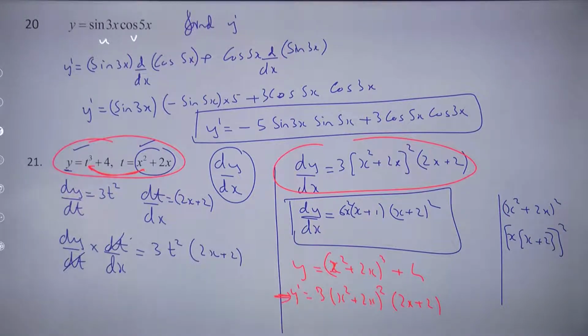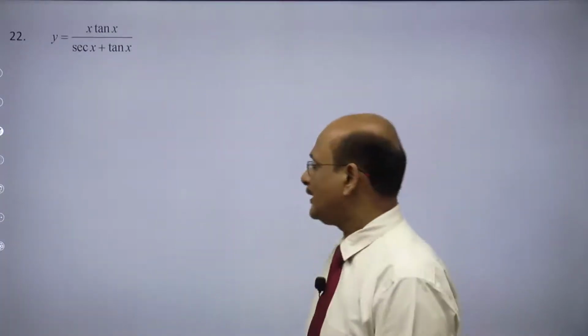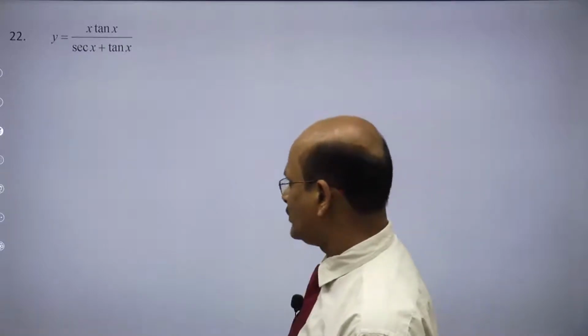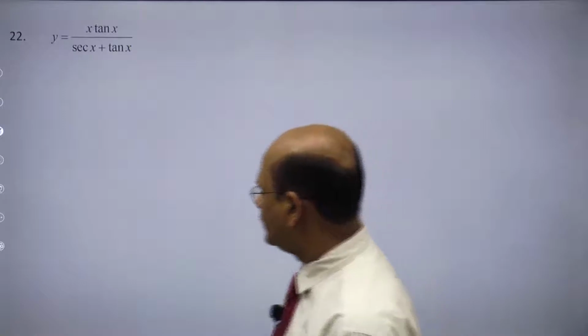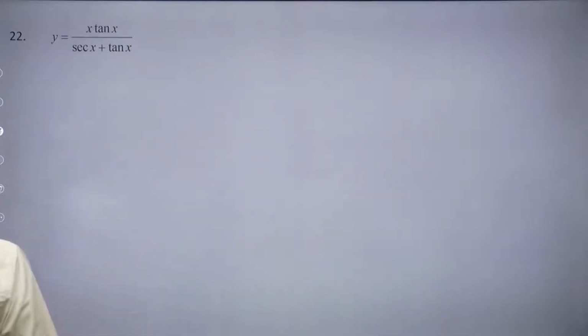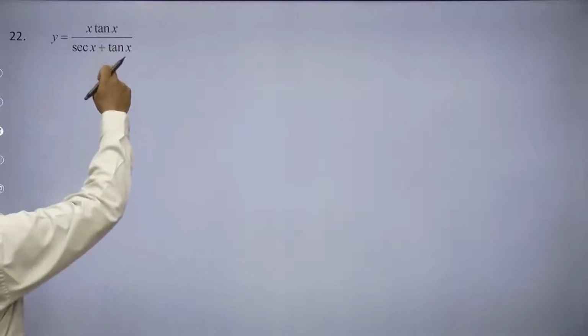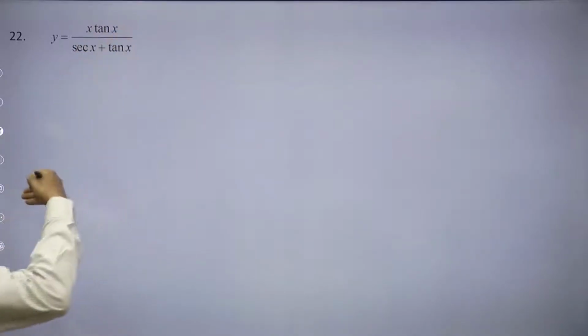Okay guys, I hope you got this message clear. Let us take the next question now. Not a difficult one, it is a simple one, but I can see a lot of complicated functions happening. So, now x tan x upon sec x plus tan x. So, one thing I can do, see this is 1 upon cos plus sin upon cos, this is sin upon cos, cos can get cancelled.